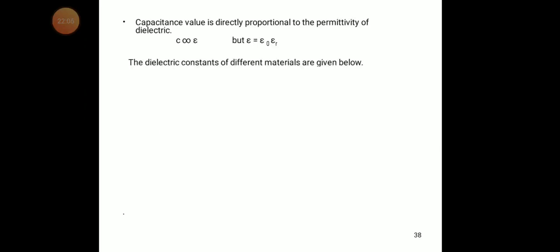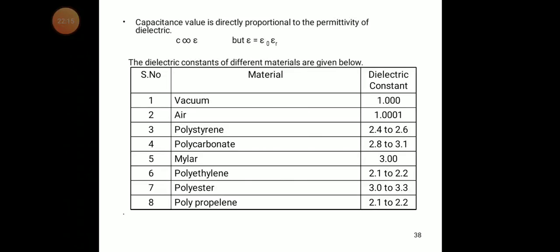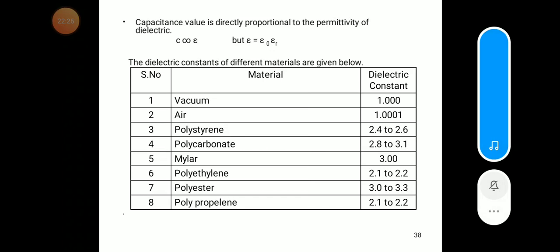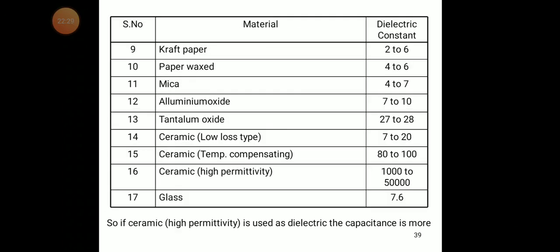The capacitance value is directly proportional to the permittivity of the dielectric. If the permittivity of the dielectric is more, the capacitance value is more. Dielectric constants of different materials are given below. You can see, what are the different dielectric constants? Kraft paper, the dielectric constant is 2 to 6.